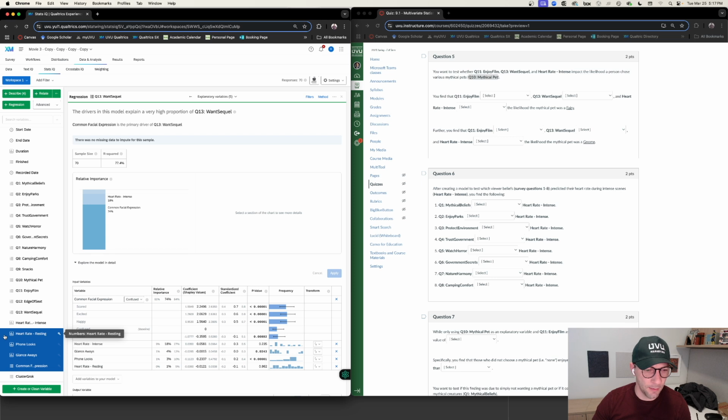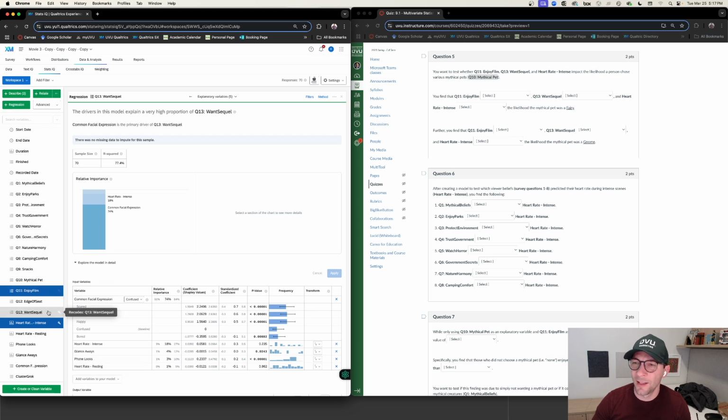Let's see, we have heart rate intense, I'm going to keep that one. Then we have Q11, Q13, and Q10. Q10 is my outcome, so I would select it just like that. Now, for me, I'm going to make a change so that mine's a little bit different than yours.